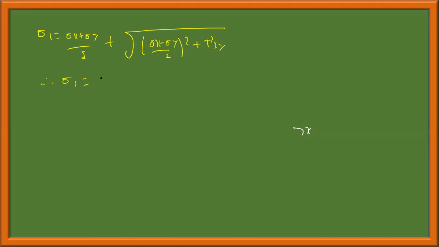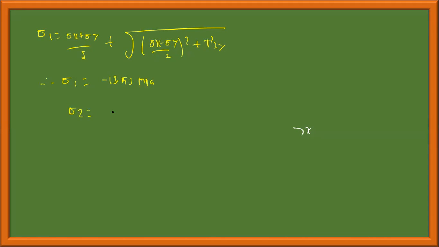Sigma 1 is equal to sigma x plus sigma y by 2 plus root of sigma x minus sigma y by 2 the whole square plus tau square xy. Therefore, sigma 1 is equal to minus 13.153 MPa.